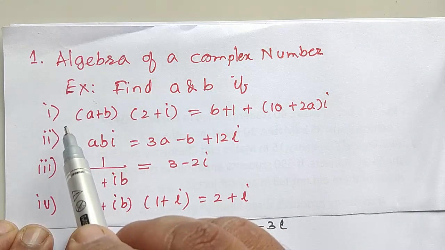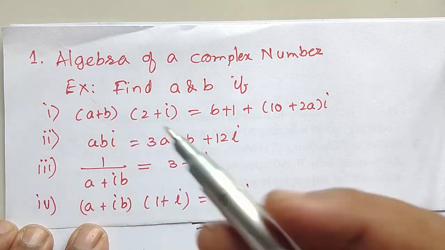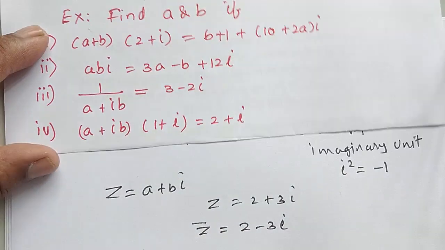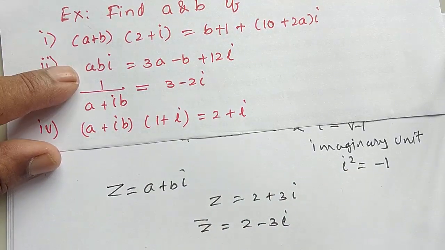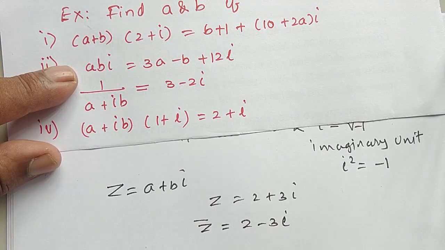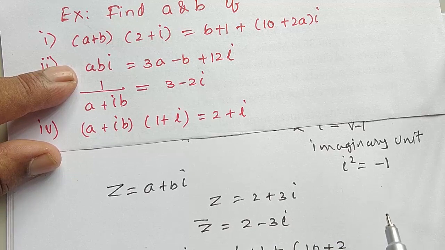We solve them one by one. First is (a plus b) into (2 plus i) is equal to (b plus 1) plus (10 plus 2a) into i.